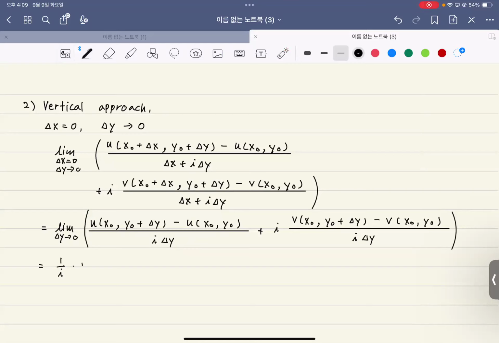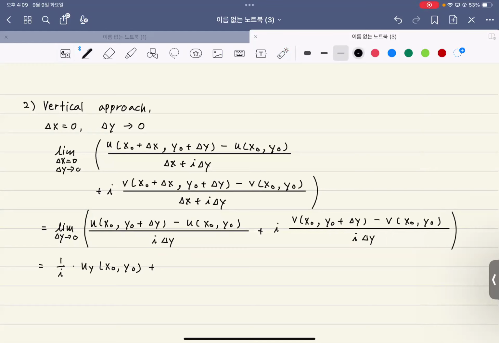So times u, this is the partial derivative of u with respect to y at x0 and y0, and plus, I have i on the top and i on the bottom, so they cancel.